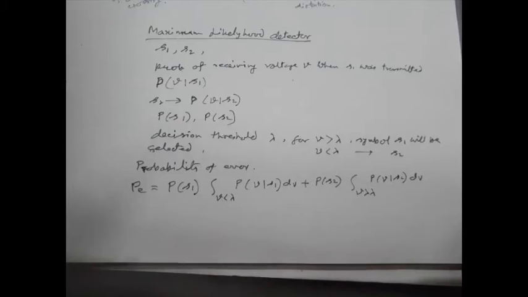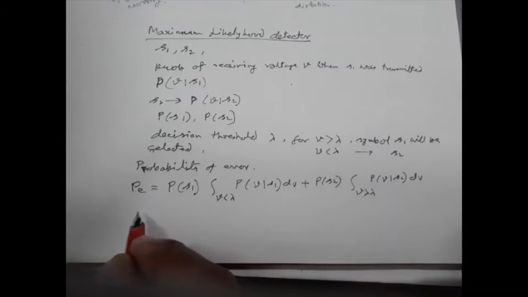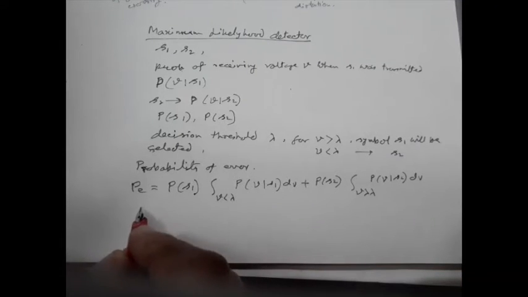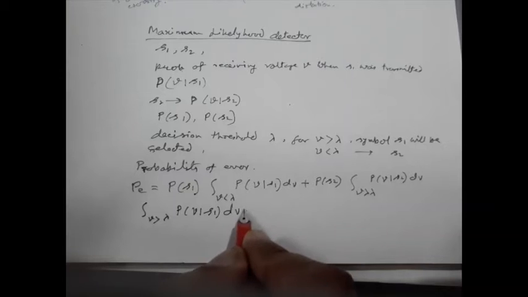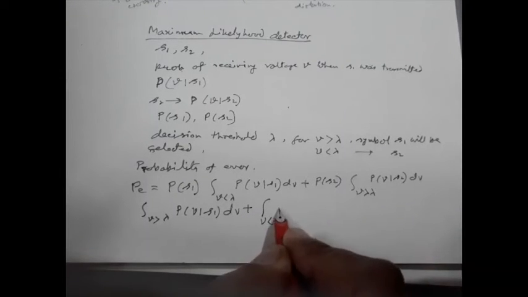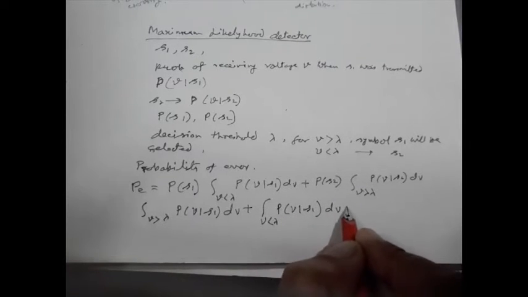Now since some voltage V is received for certain when symbol S1 is sent, we can write that the integral over V greater than lambda of P(V|S1) dV plus the integral over V less than lambda of P(V|S1) dV must be equal to 1.